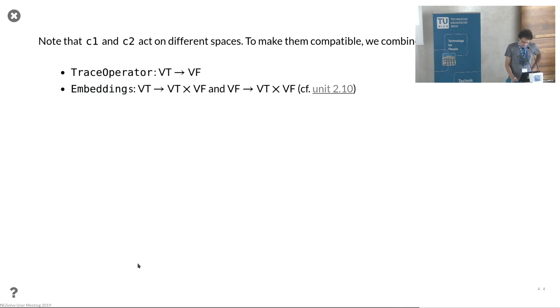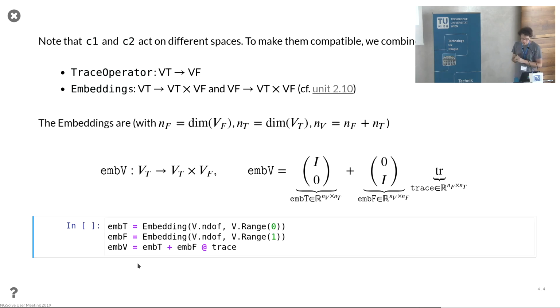Okay, so with that, I have now different bilinear forms actually on different spaces. I have to put them together to get one operator which maps from Vt again to a functional on Vt. For that, I used the embedding that we already saw before once. So what I want to do is take a look at the last slide first.